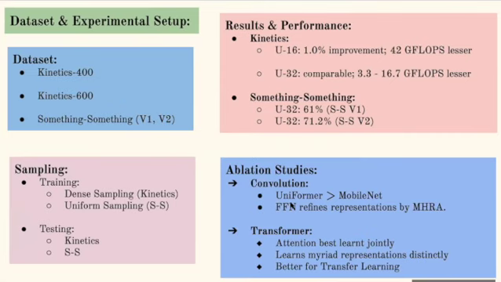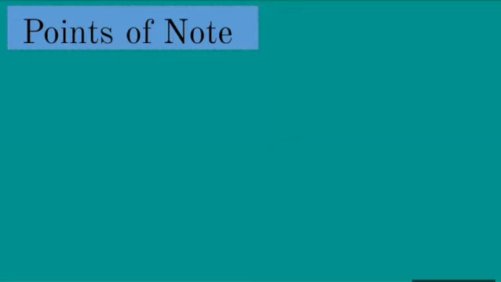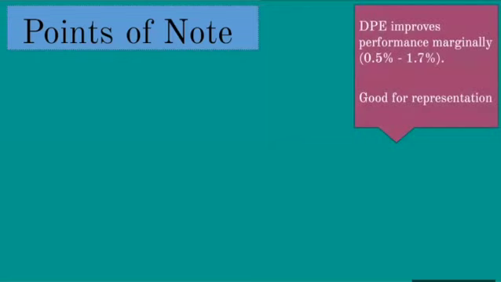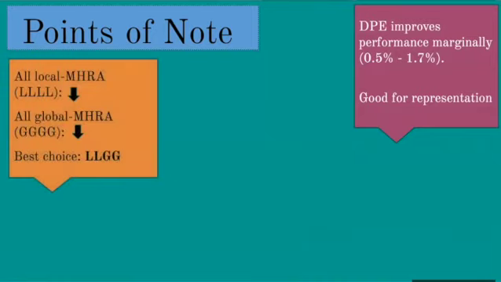Then it learns many different representations with much less work, and hence the transfer learning is much better. Some notes: due to dynamic position encoding, the improvement in performance is not much, but they say it's 0.5 to 1.7%. It's good for representation.